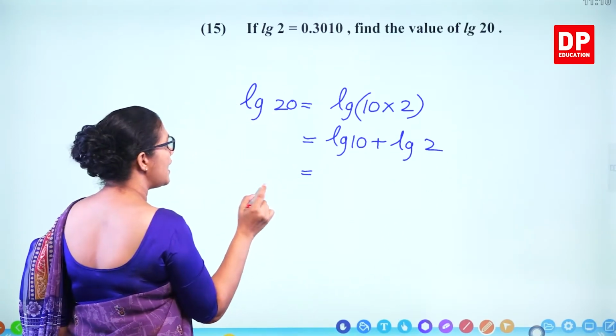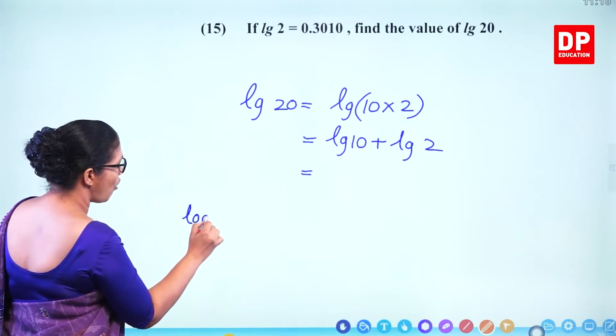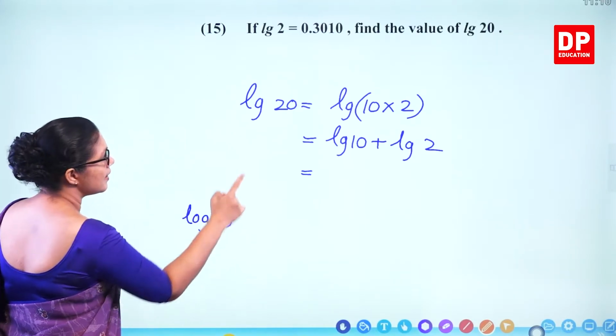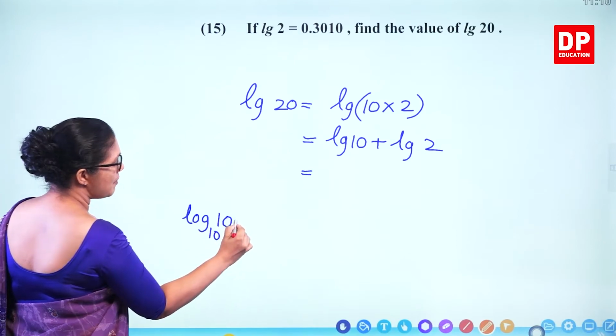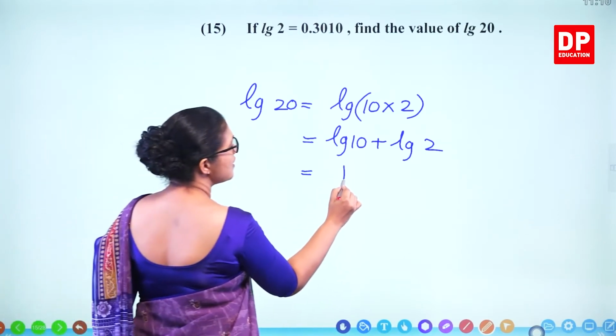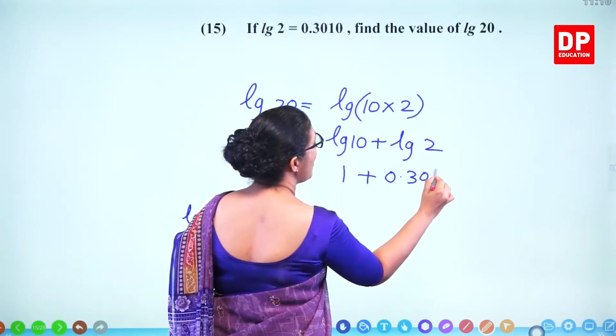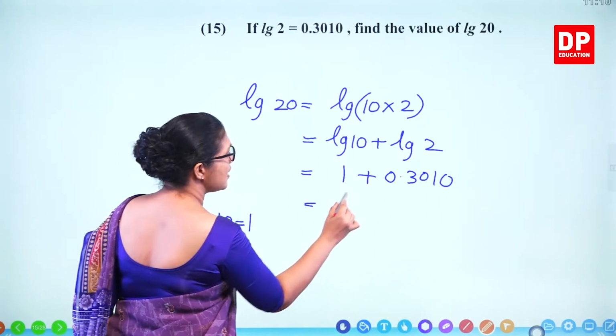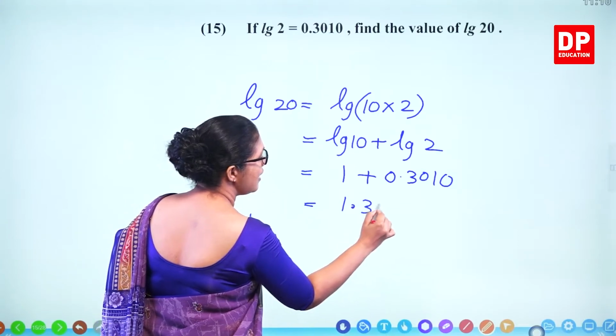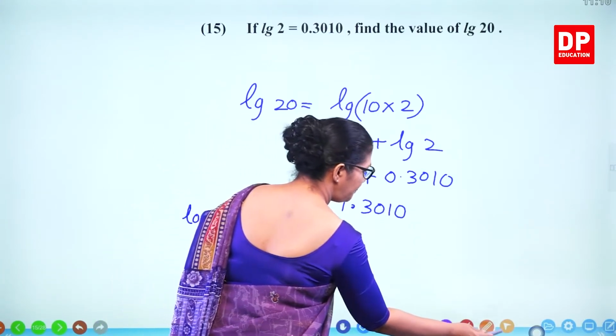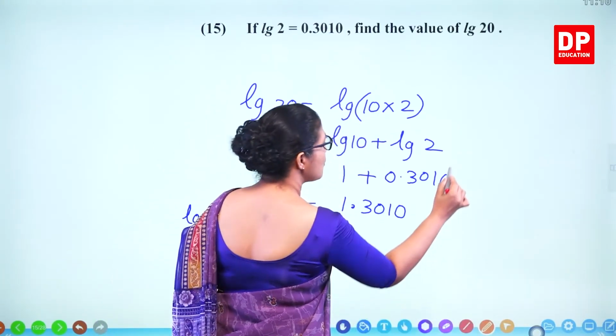What is log 10? This means log base 10 of 10. Same base, same number is 1. So this is 1. log 2 is 0.3010. So what's the answer? 1.3010. 2 marks for that.